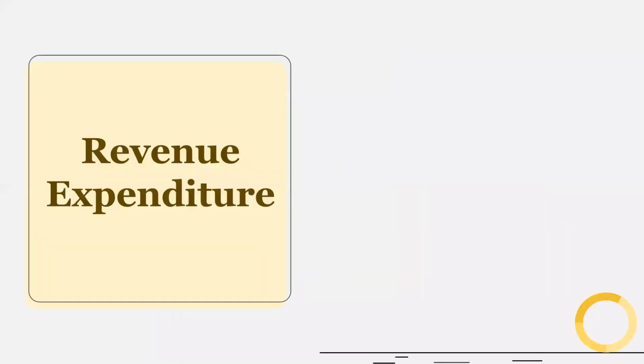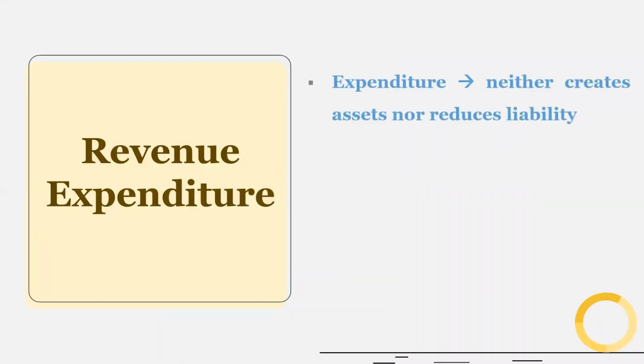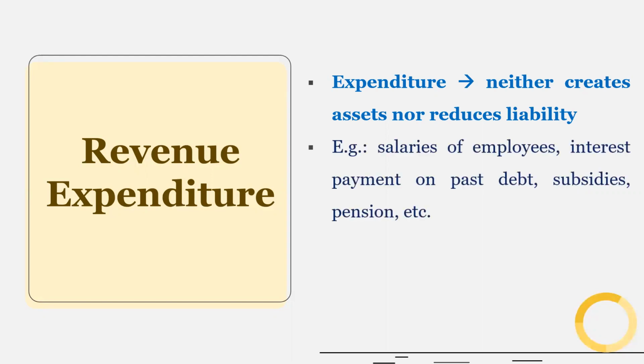So let's start with the idea of revenue expenditure. Expenditure which neither creates assets nor reduces liability is known as revenue expenditure. For example, salaries of employees, interest payment on past debt, subsidies, pension.